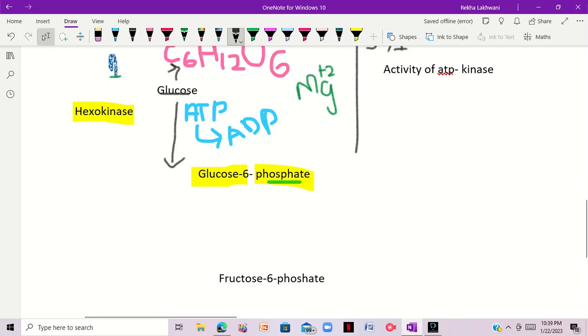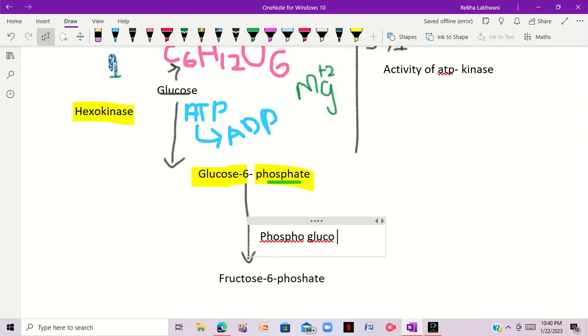Here we use the enzyme known as phosphoglucoisomerase.